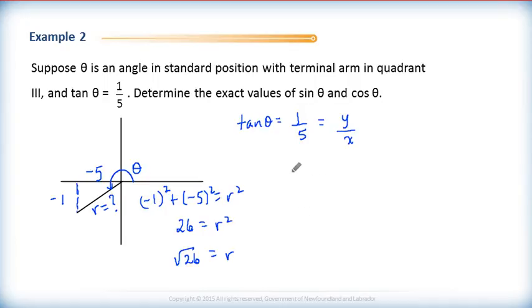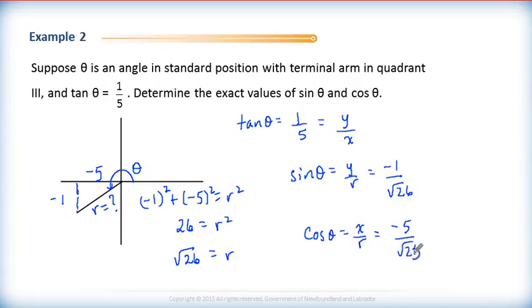Therefore, sine of theta is equal to your y over your r, which is -1 over √26. And the cosine of theta, x over r, which is -5 over √26. On to our final example.